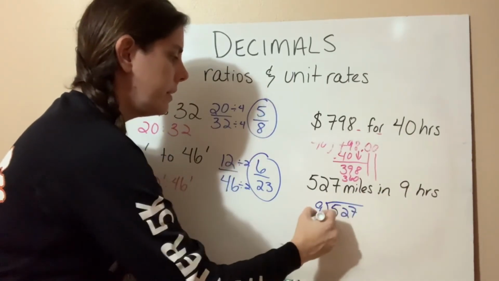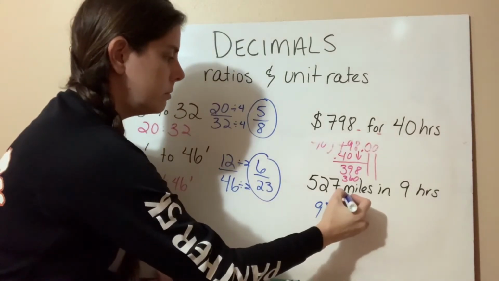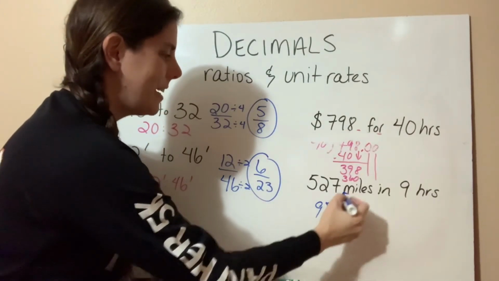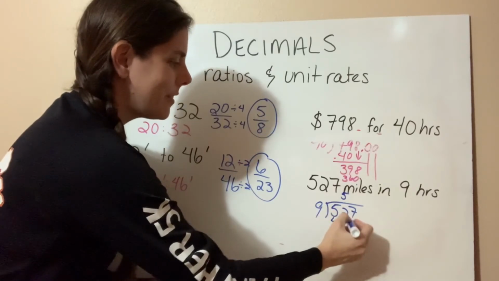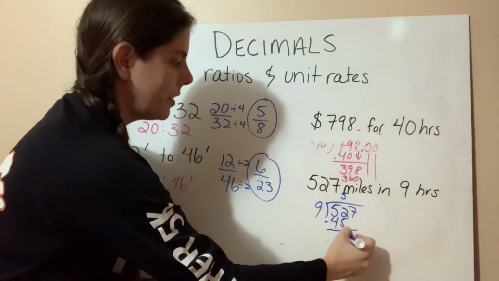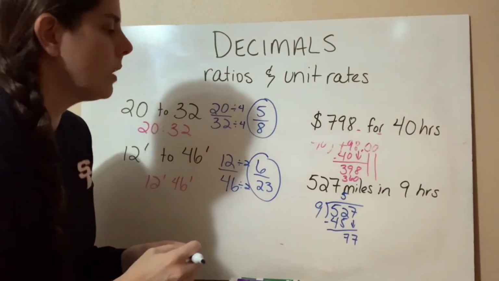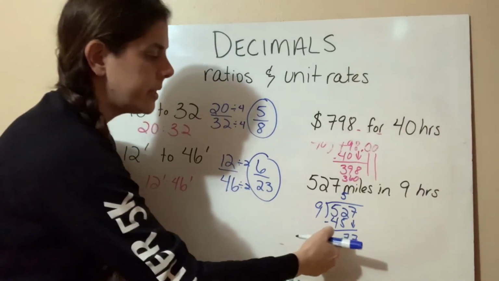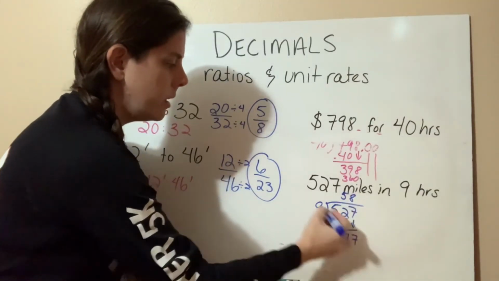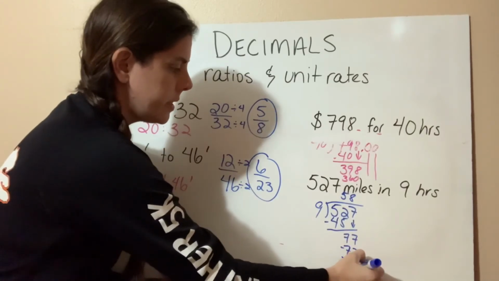divided by 9. 9 goes into 52 5 times. 5 times 9 is 45. 52 minus 45 is going to be 7. Bring down our 7. 9 goes into 77 8 times. And 8 times 9 is going to be 72 with a 6 left over.